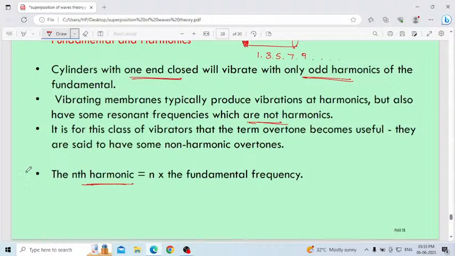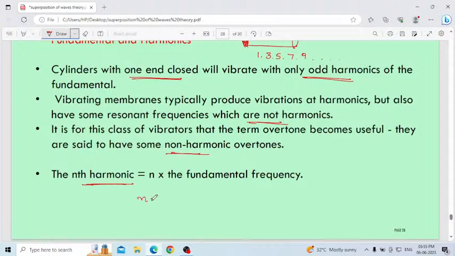Okay, it is for this class of vibrators that the term overtone becomes useful. They are said to have some non-harmonic overtones. Even we will get some non-harmonic overtones also. Then the nth harmonic, how will you get it? N times the fundamental frequency.